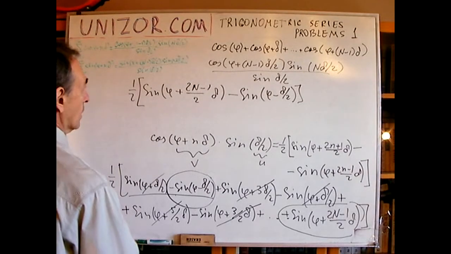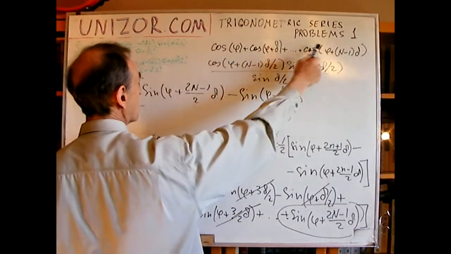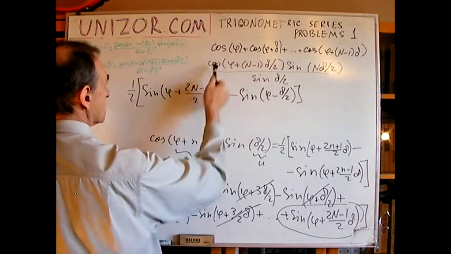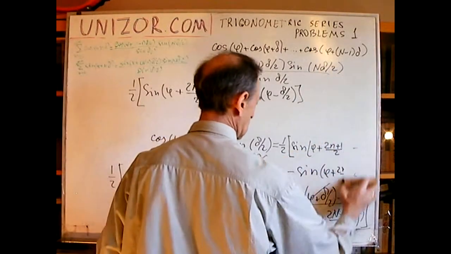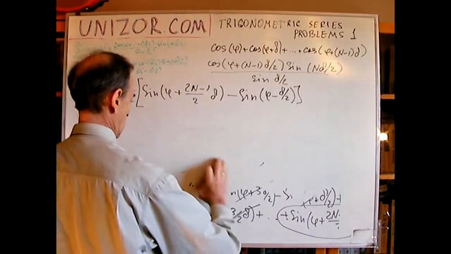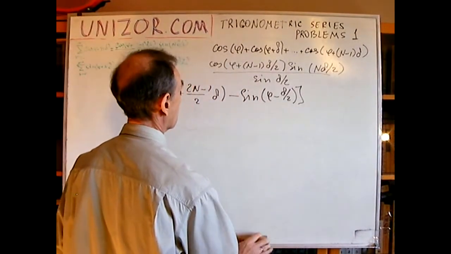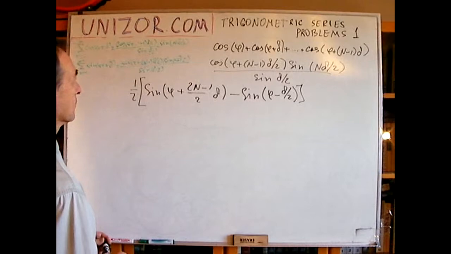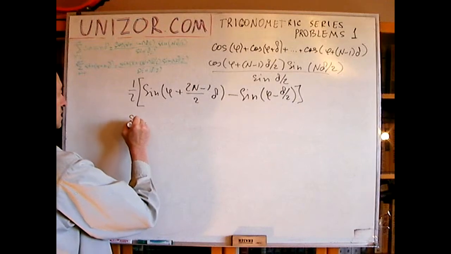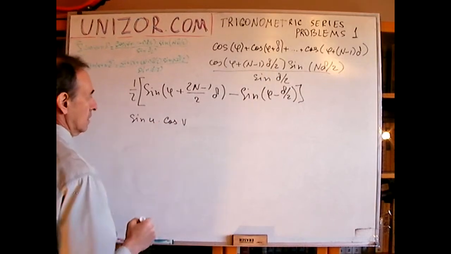Now, if I multiply sine of delta over 2 by all this, we get this. But my formula was this. Is this the same thing as this? Let's check it out. So again, if you have sine u times cosine v, remember what it is?